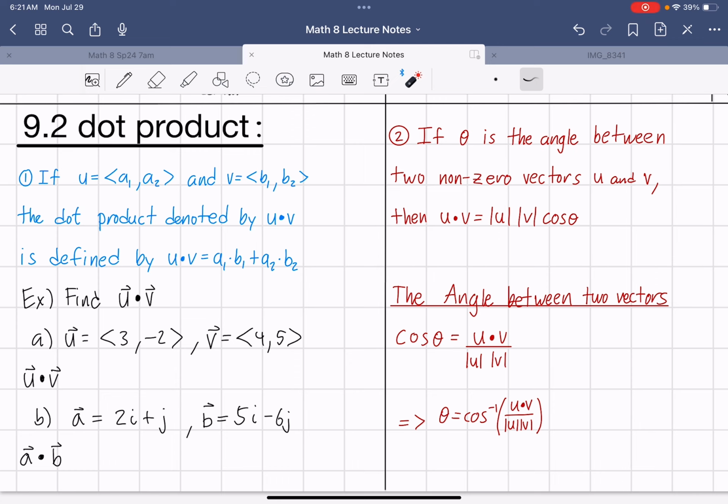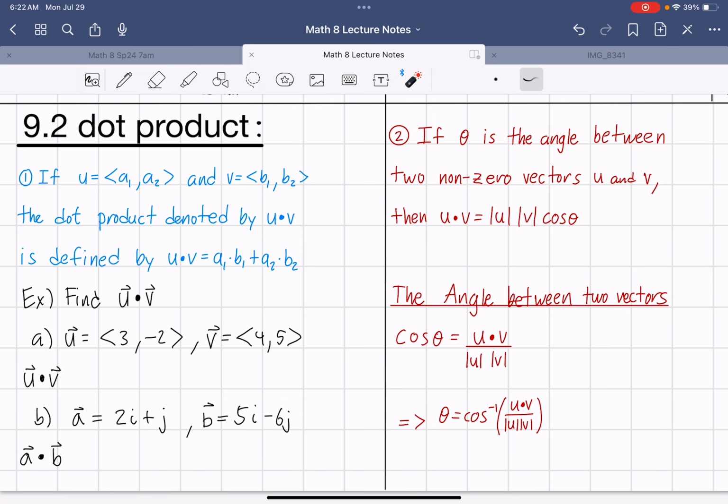So a sub 1 with b sub 1, and then a sub 2 with b sub 2. So not too bad there. But one slight difference is that we're going to find the sum of those products. This is where it's a little different. This version of the dot product just gives us a number, a scalar, that we're going to use to find our angle in a little bit.